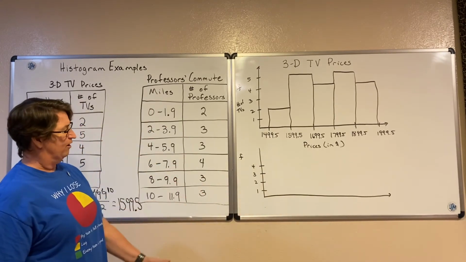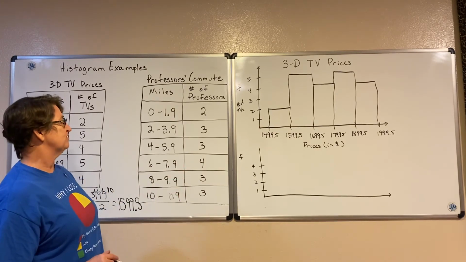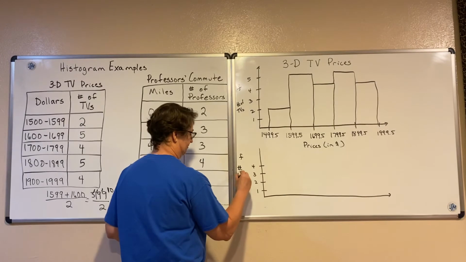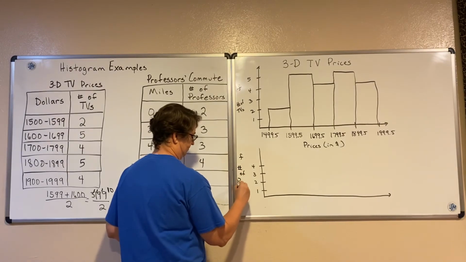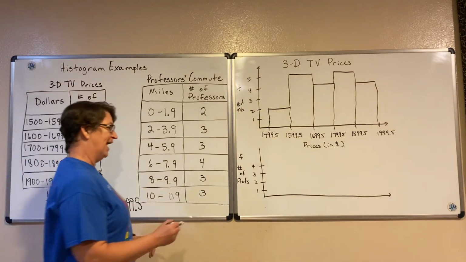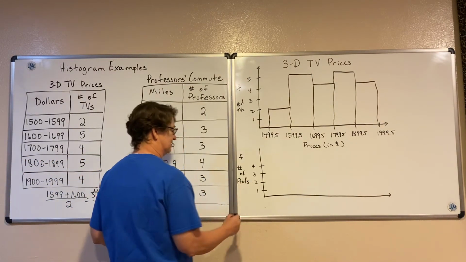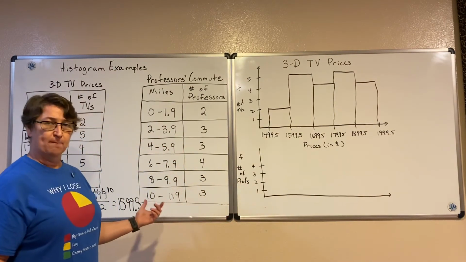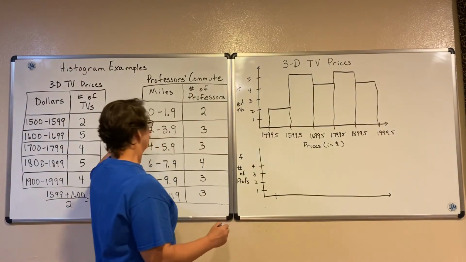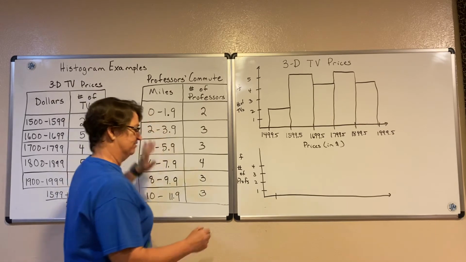On the vertical axis, I have my frequencies. In this case, my frequencies are the number of professors. Then my categories or my classes or bins are the number of miles. So I'm going to start at that smallest one. This one happens to be 0.